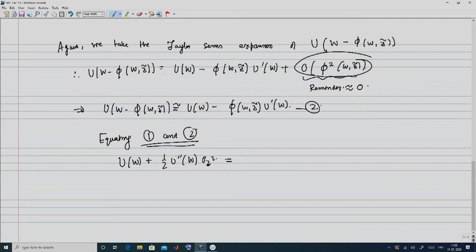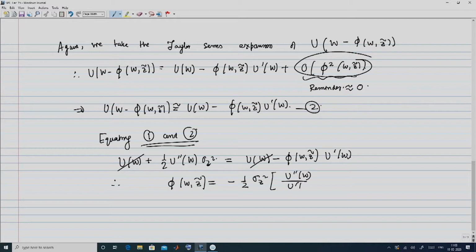So, u of W plus half u double prime of W sigma z square is equal to u of W from equation 2 minus phi W z tilde u prime of W. So, therefore, from this relation we get phi of W z tilde is equal to, these two terms will cancel out, minus half sigma z square u double prime of W by u prime of W.